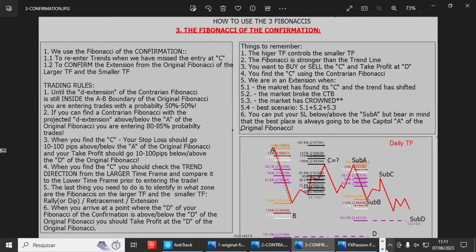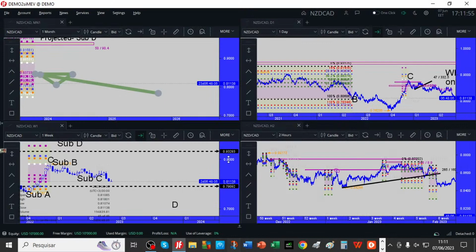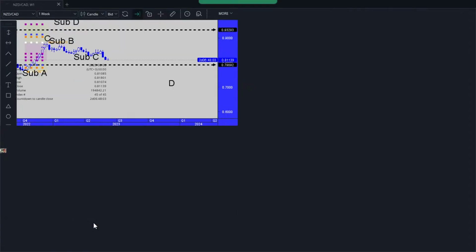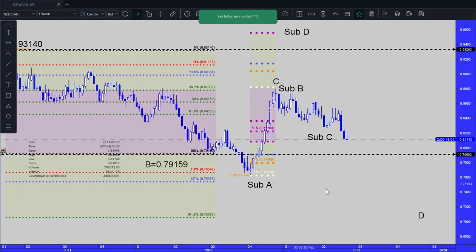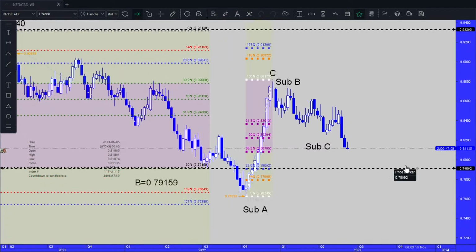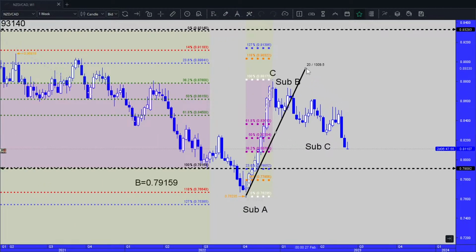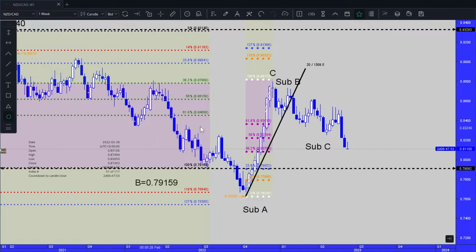Alright everybody, so this is NZDCAD weekly chart, and do we agree that our best entry was in here, everybody? Circle. Everybody, do we agree?